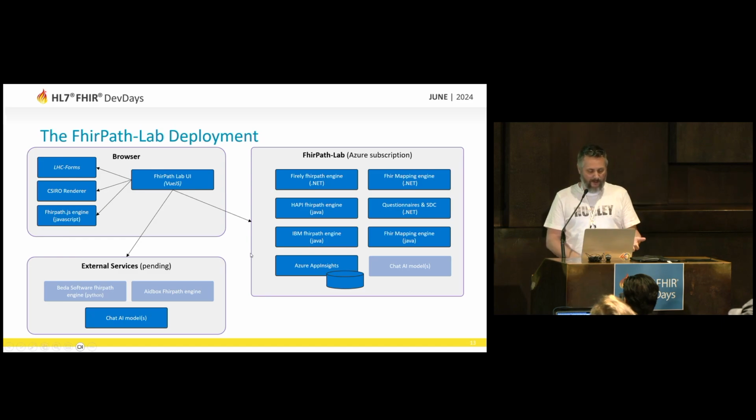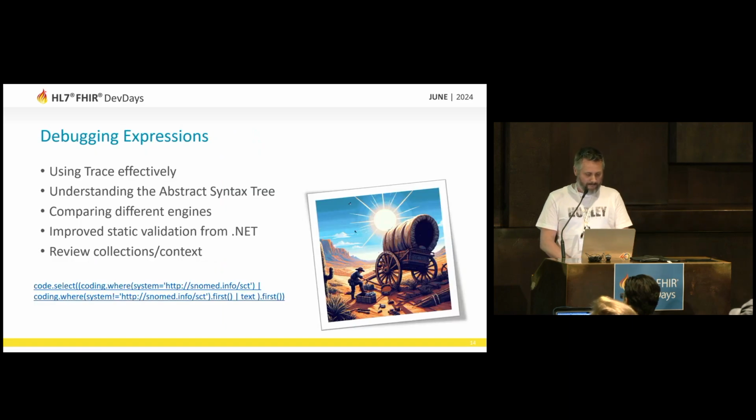I don't store or record anything. At the moment, I'm working through with Beda Software, which has a FHIRPath engine in Python, and Aidbox have submitted a pull request for their engine as well. So you'll have each of those engines, which is super cool.